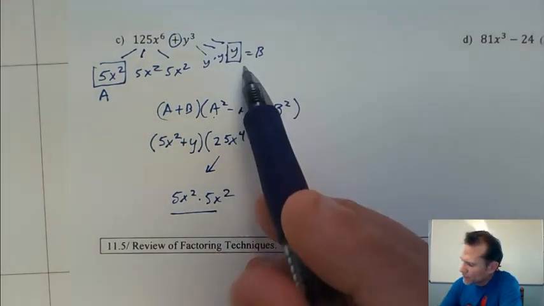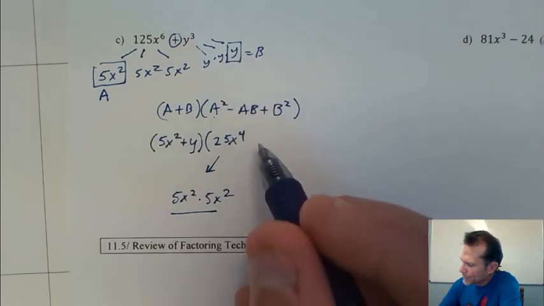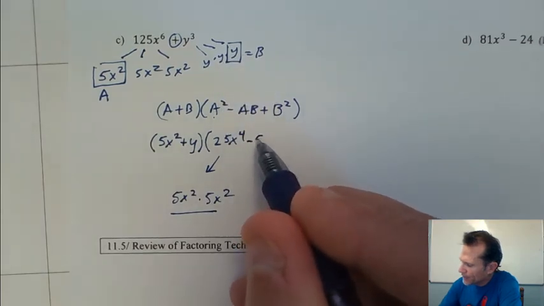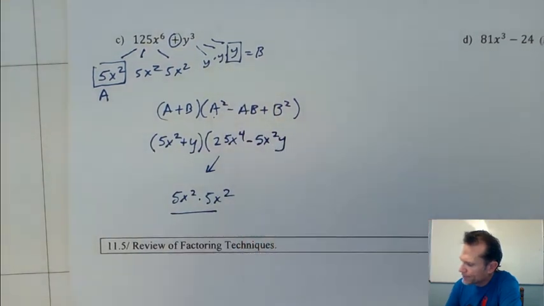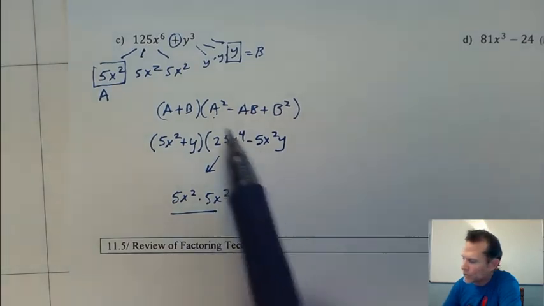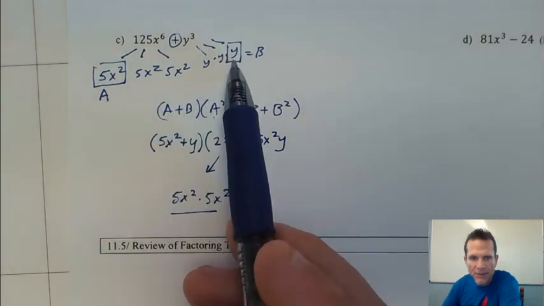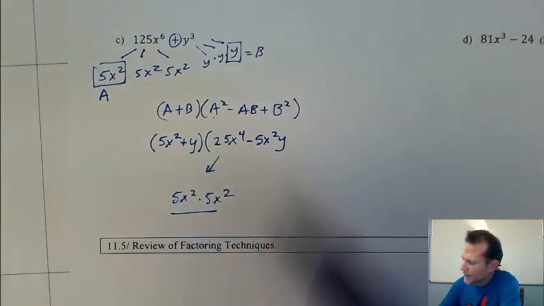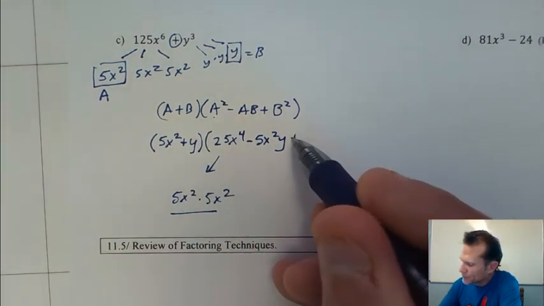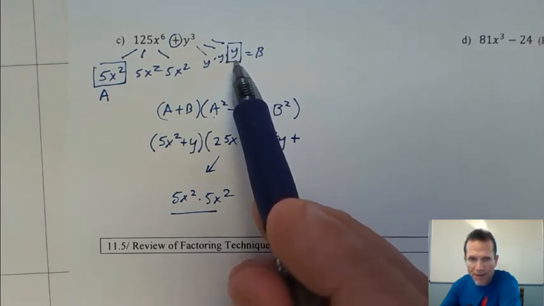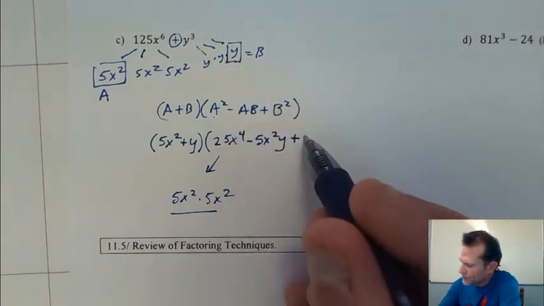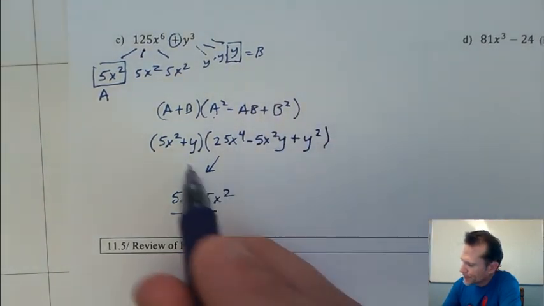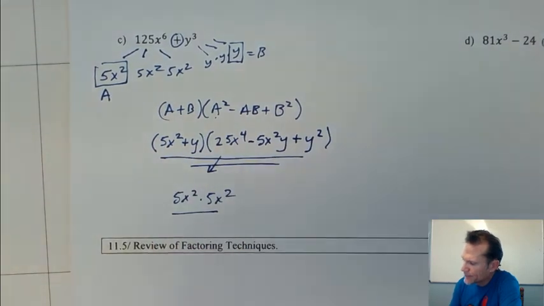Then I multiply my a and b term together, so I have minus 5x squared y. That's from multiplying this together with this. The signs are determined by the formula. And then my last term is plus, and whatever my b value is squared. So y squared. Okay, and that's it.